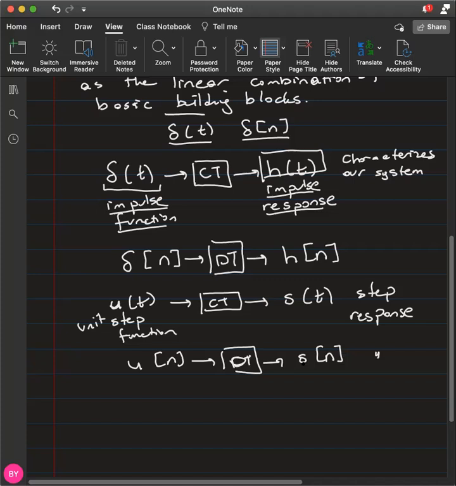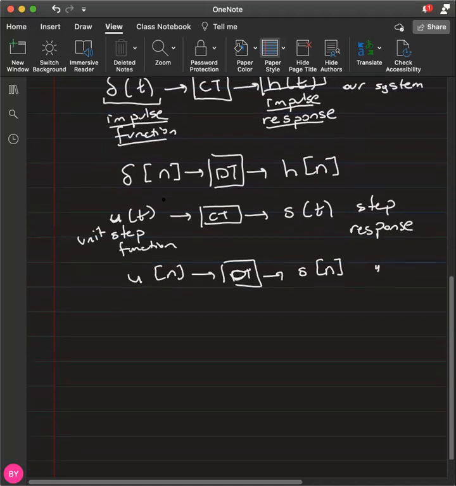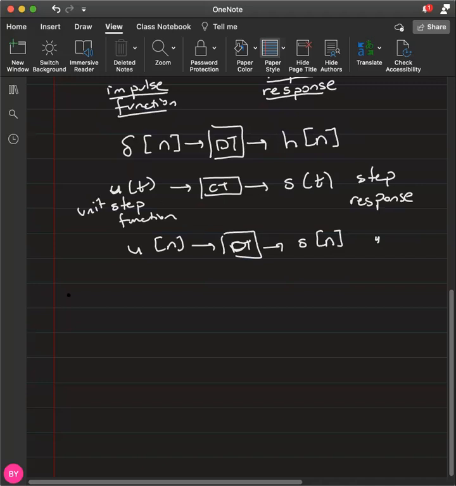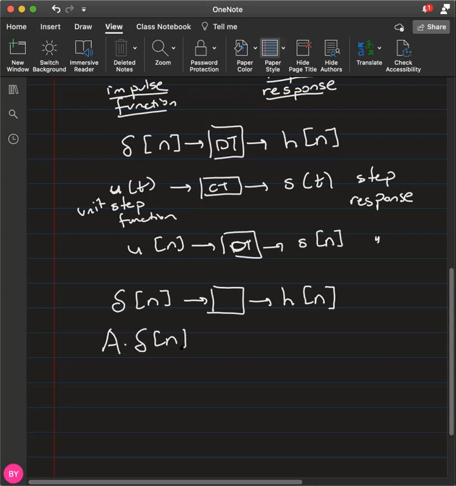So now let's move on to another step, arkadaşlar. Using the linearity property and the time invariance property, if I have Dirac n as my input to my system, I will obtain h of n as my output. If I have a times Dirac n as my input, then what should I get as my output? A times h of n.